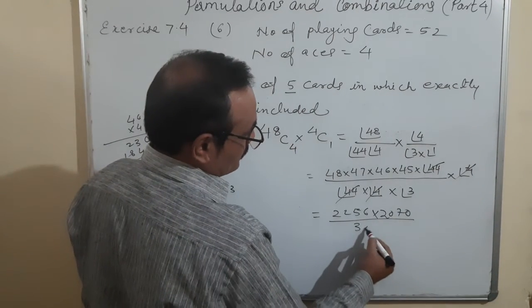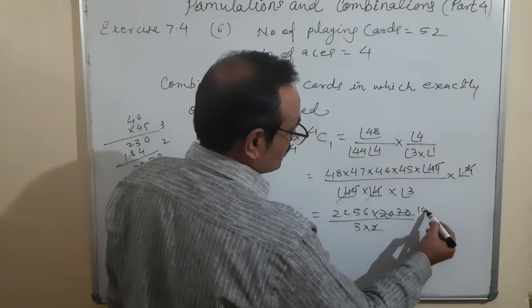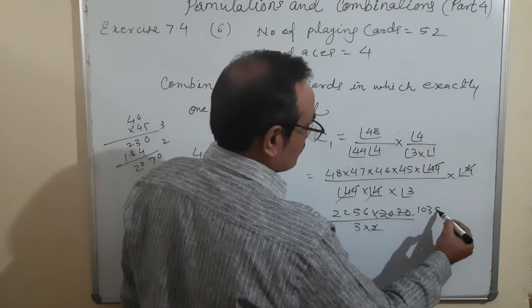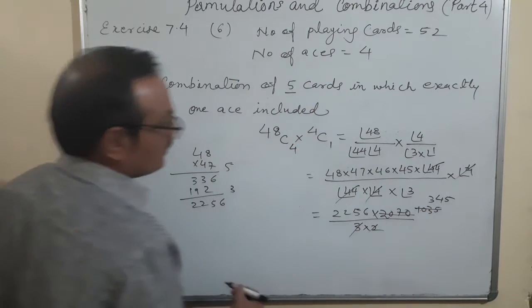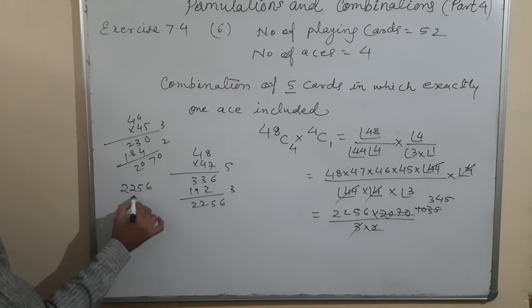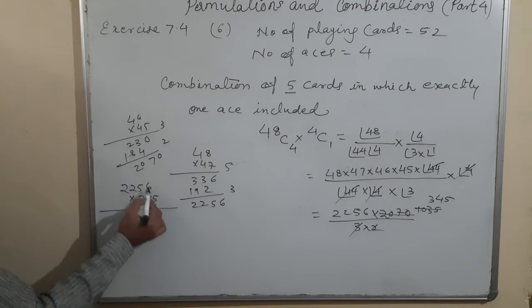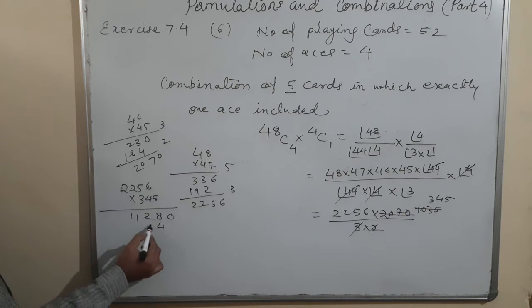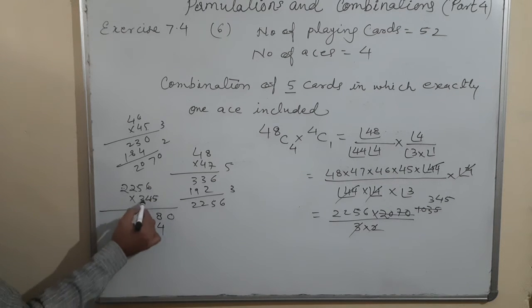So 6, 3 into 2 is also there. Better to calculate first. 2256 multiplied by 345. Multiplied by 345. Let us carry out the multiplication step by step.